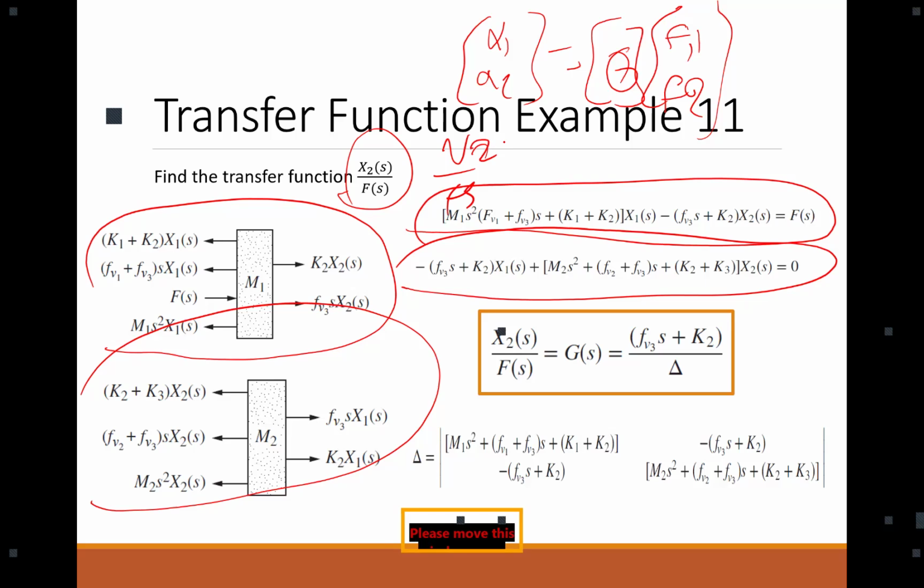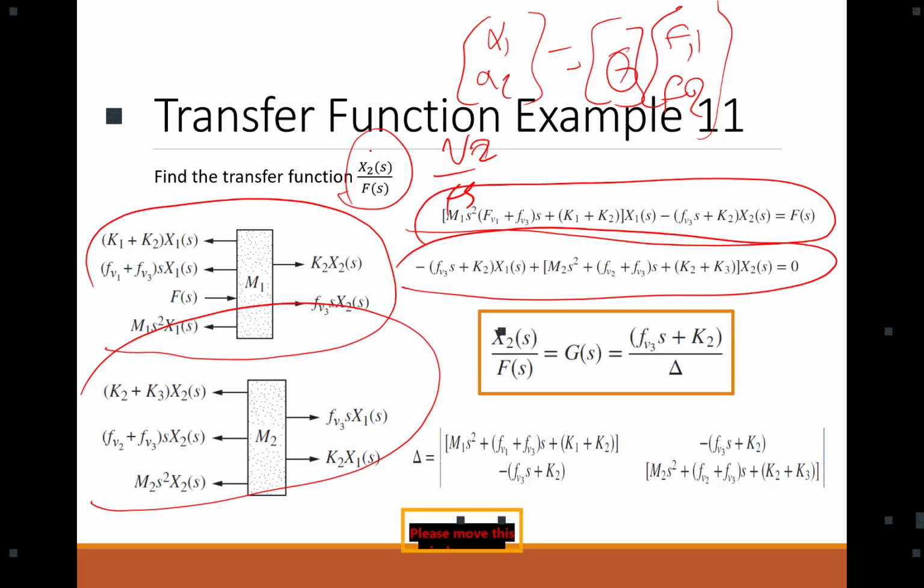What should we do? Similar to the current and voltage of a capacitor that we talked about. What is v2 with respect to x2? It's the derivative of distance, dx over dt.